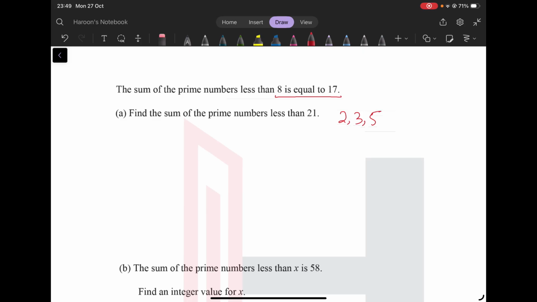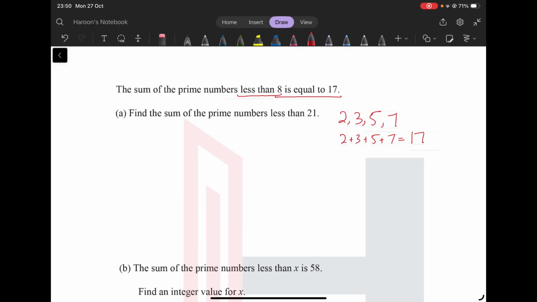So 5 and 7. They specified less than 8, so we do not include 8, and it is not even a prime number. So when I add all these, 2 plus 3 is 5, plus 5 would be 10, plus 7 would actually be 17. So this gives me plus 17.